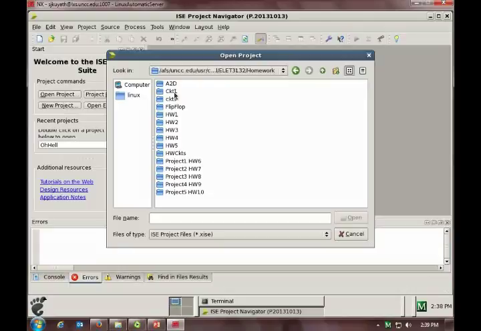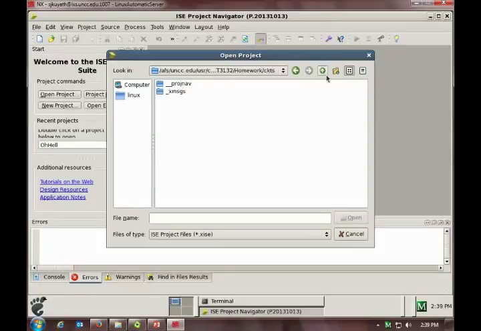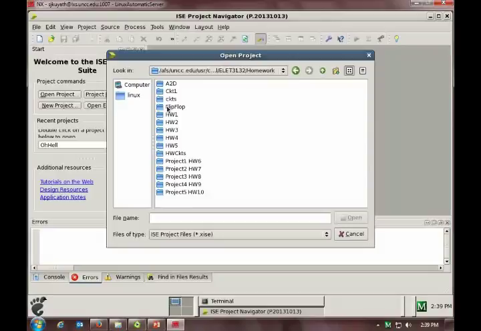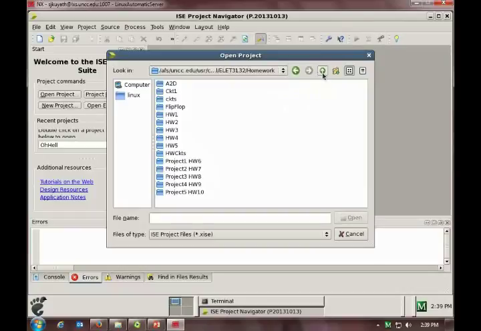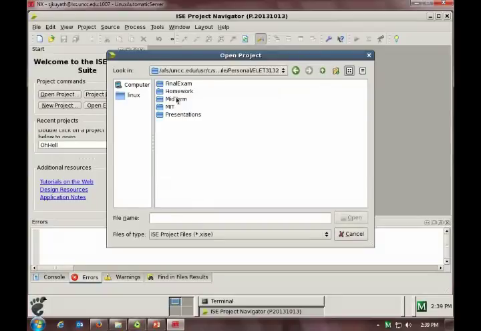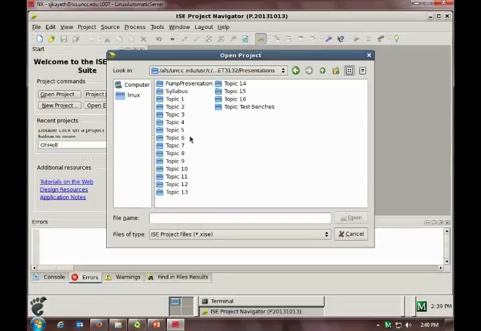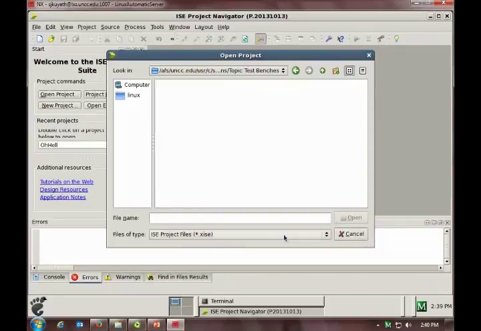So, I didn't make any notes about where it was. That's DNT, homework circuits. I might have called it Project 6, not thinking about it. Okay, it might actually be, this is where my images were.